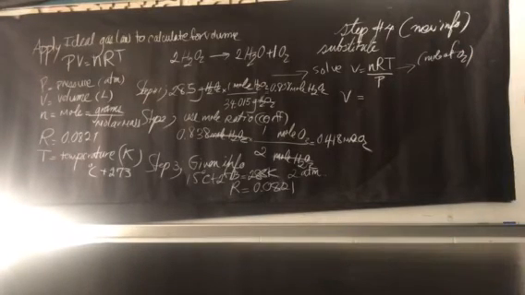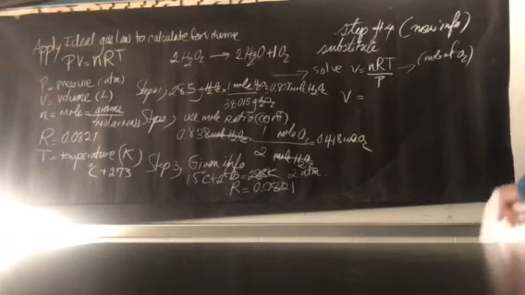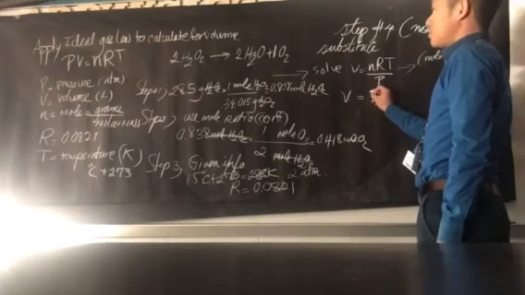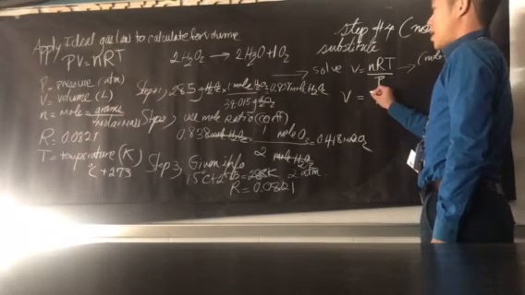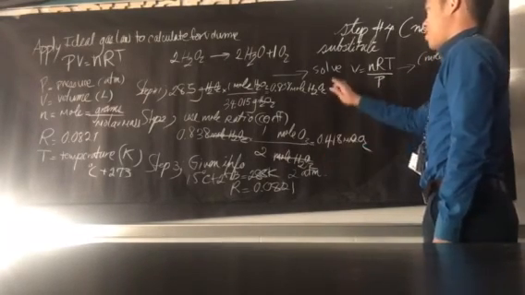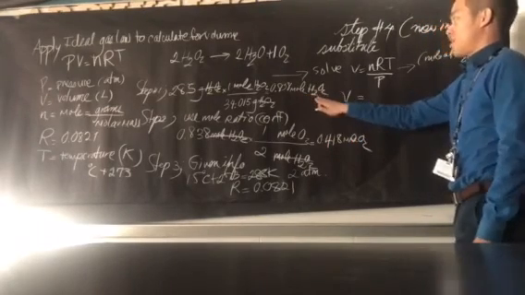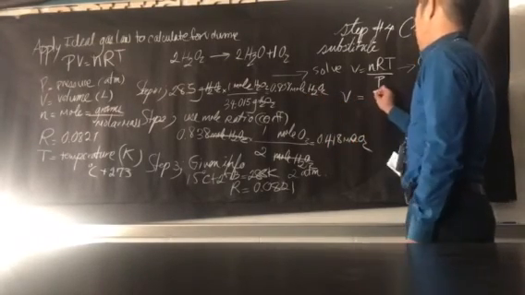We're not talking about the number of moles of the given, because in step 2 we already figured out how to convert the moles of the given to the moles of what we're looking for by using the coefficients. So now go ahead and put in the numbers. The number n is this one, not that one, because that one is the given. It's not what we're looking for, obviously.